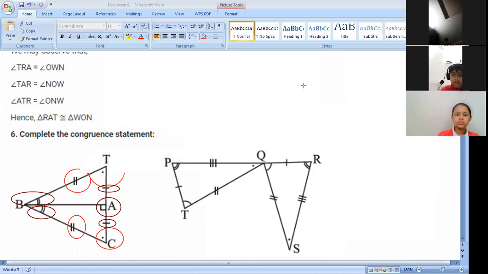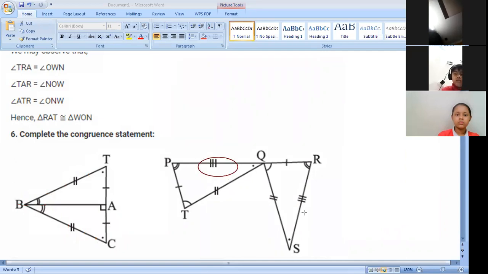Ma'am, PQ is equal to RS. PQ side is equal to RS, right? Absolutely right. And ma'am, TQ is equal to QS.